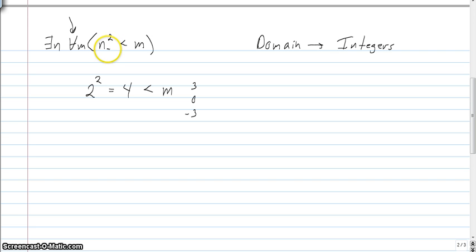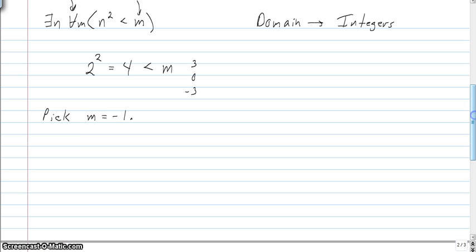So what if we thought about a value for m that was not positive? We said something like this: pick m equal to -1. Then our statement, n squared less than -1, can't be true. N squared has to be positive, or possibly 0.